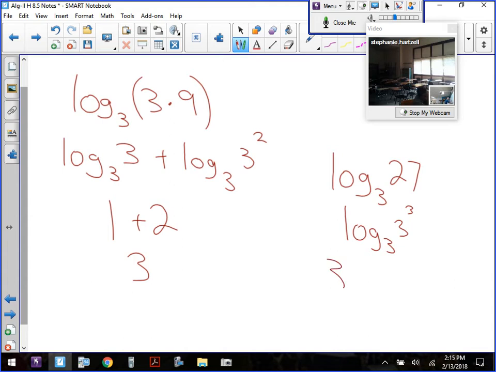So isn't that 3 times the log base 3 of 3? Which isn't that just 3 times 1, which is still 3? Log base 3 of 3 cubed is also just 3 because bases undo each other. There are a lot of different ways to simplify these things out.